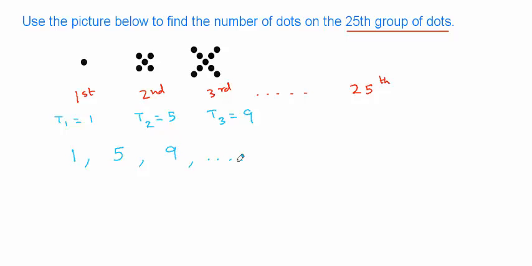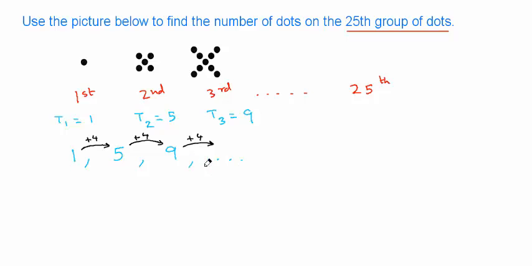And do we see a pattern here? Of course we do. You keep adding 4 to one number to get the next number. If you add 4 to 9, you get 13. It's not even shown in the picture. So that gives you the clue.